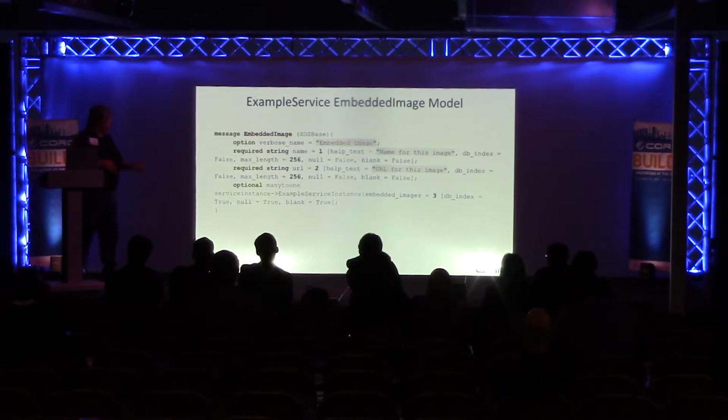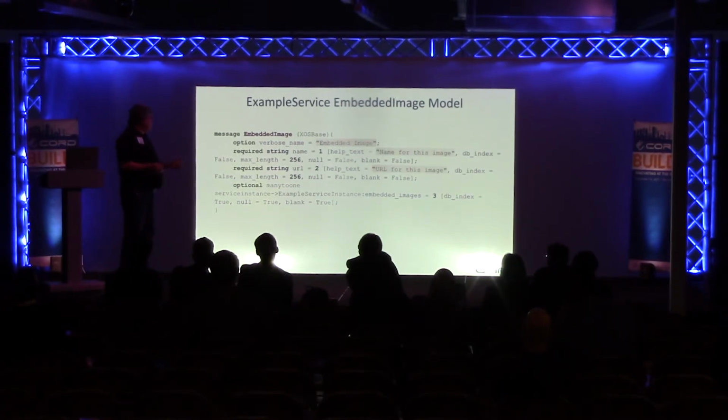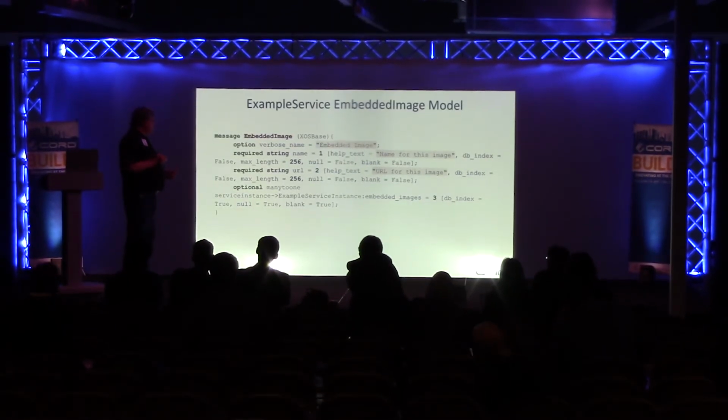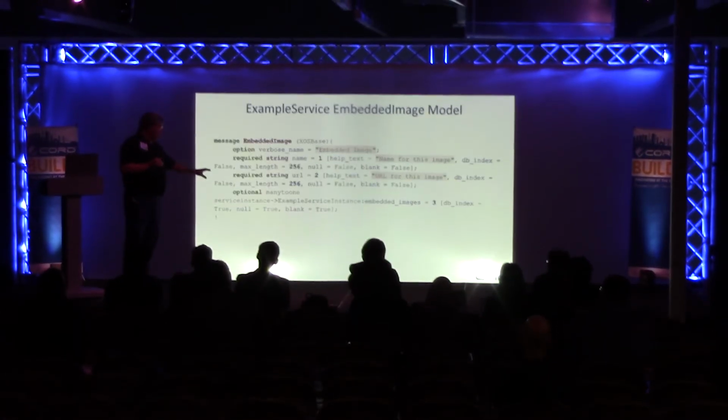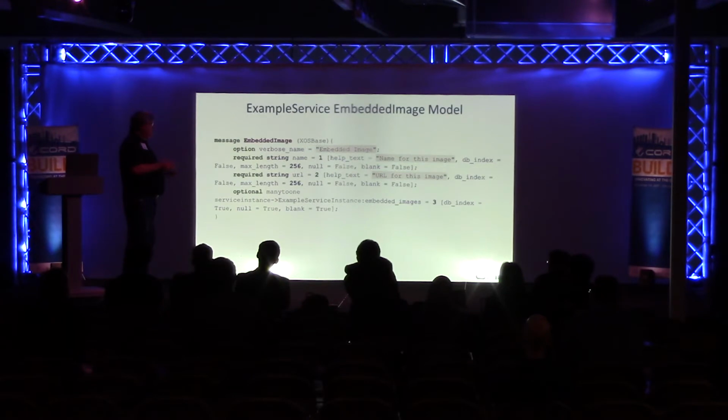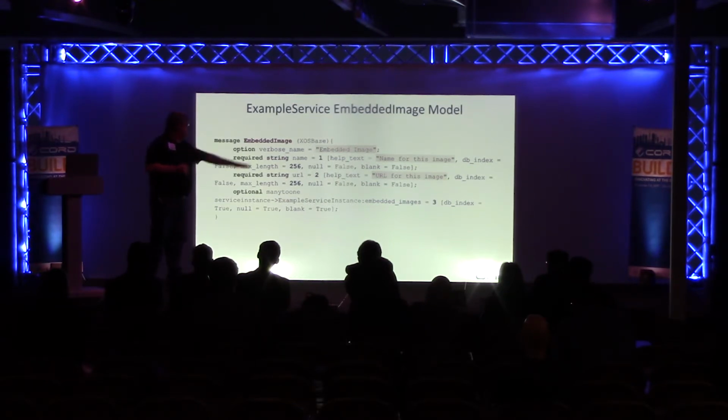But for the purposes of this example, we wanted to have it so that you could have multiple embedded images associated with one service instance. So we put the relation in the embedded image model instead. That way you could create as many embedded images as you want, foreign key link them back to your service instance, and your service instance automatically gets that field called embedded images, which will contain a list of these.